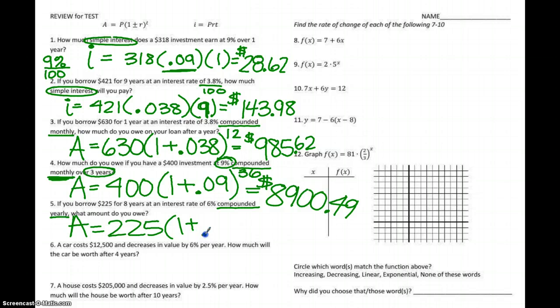So if you divide by 100, you get 0.06. This is compounded yearly, and it's for 8 years. So if it's compounded yearly, I just use years. And if we multiply it out, we end up with $358.62 is how much we owe after 8 years.